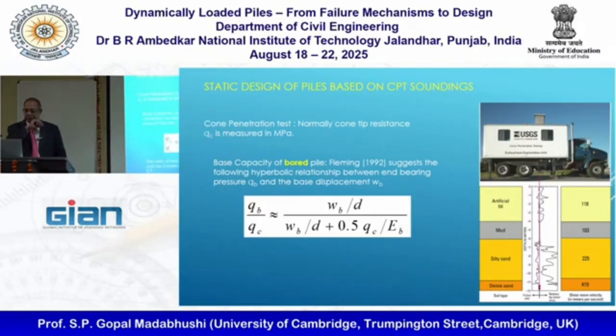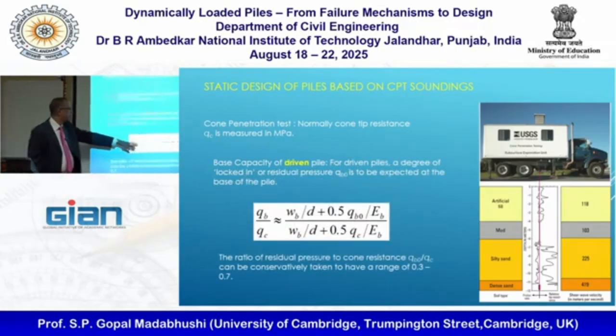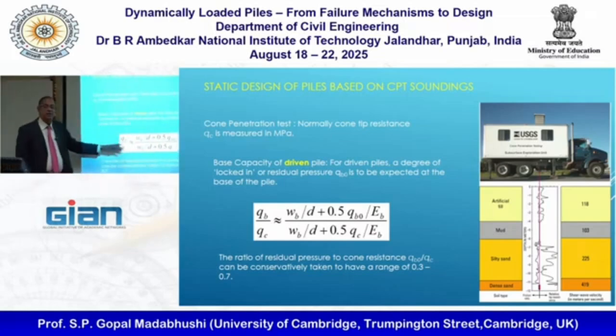If it was a driven pile, same idea, but now you use this equation, and obviously this will be a lot bigger than for bored piles. Bored piles at the start of their life have very small vertical stiffness because they need to displace some amount to mobilize the full base capacity and shaft capacity. Whereas a driven pile, you've already driven it, so the soil underneath should have failed for it to arrive there. So you will start with much higher capacity.